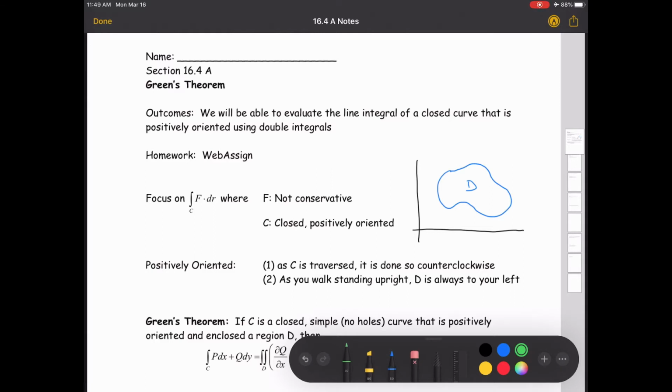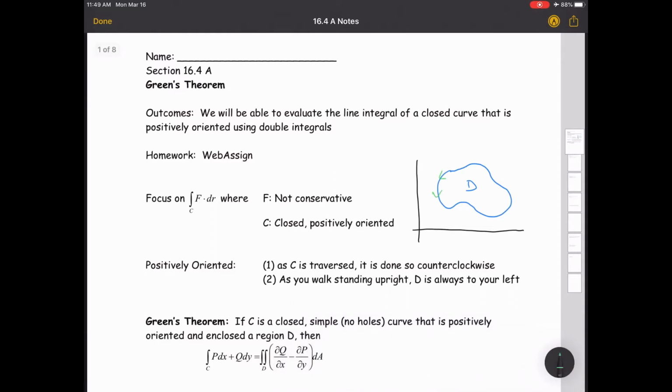So the arrows indicating the direction are going to go counterclockwise all the way around the curve. If you think of it, as you walk standing upright, D is always on your left. So the domain has to be on the left-hand side. Again, just think about it as traversing this thing counterclockwise. That's probably the easiest way to do it.